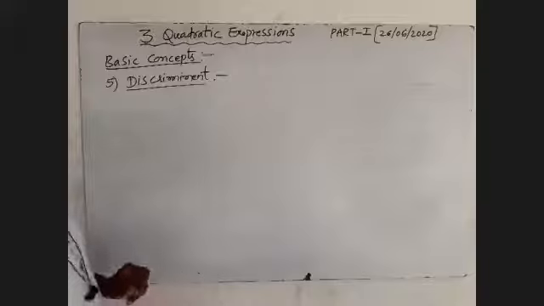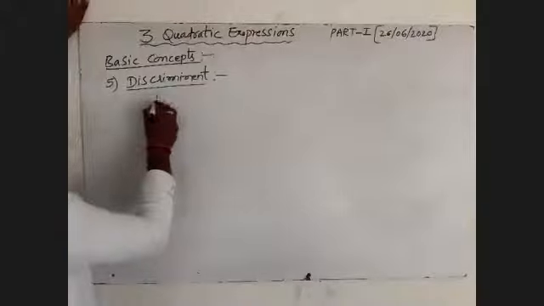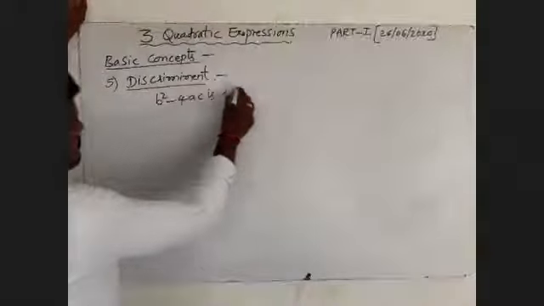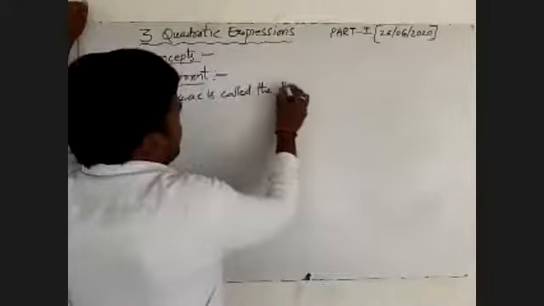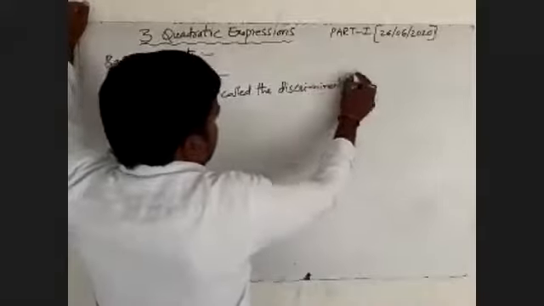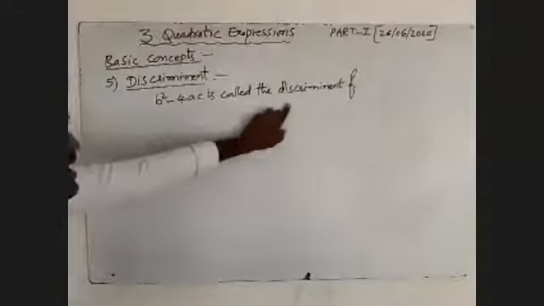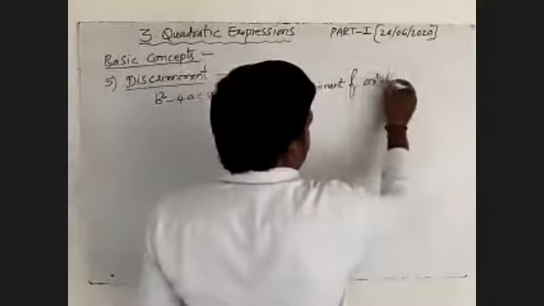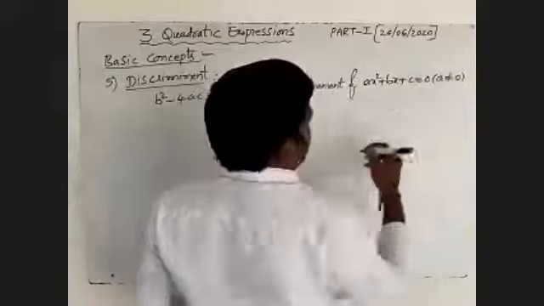First we'll write this one: b square minus 4ac is called the discriminant of ax square plus bx plus c equal to 0, where a does not equal 0.